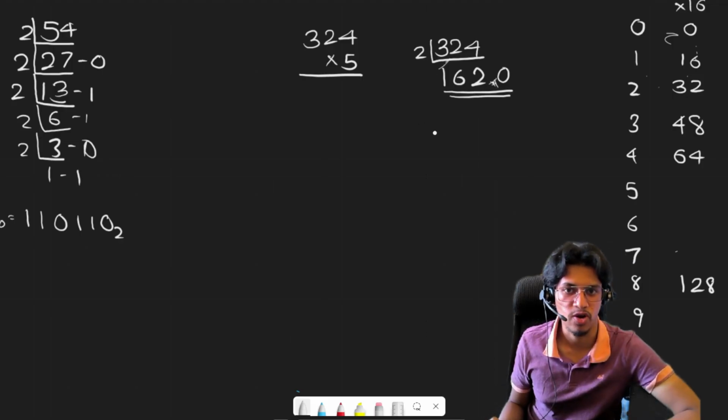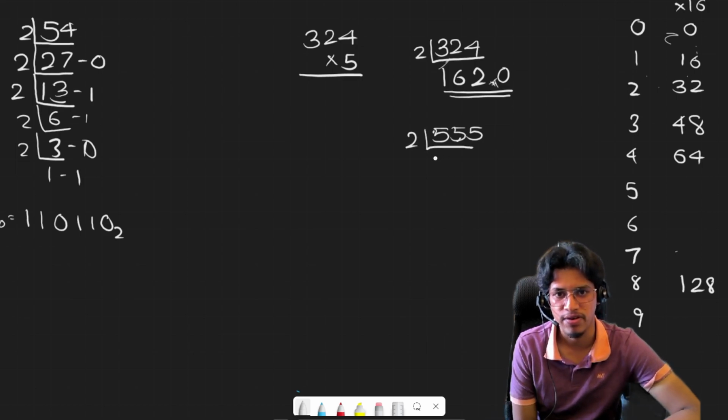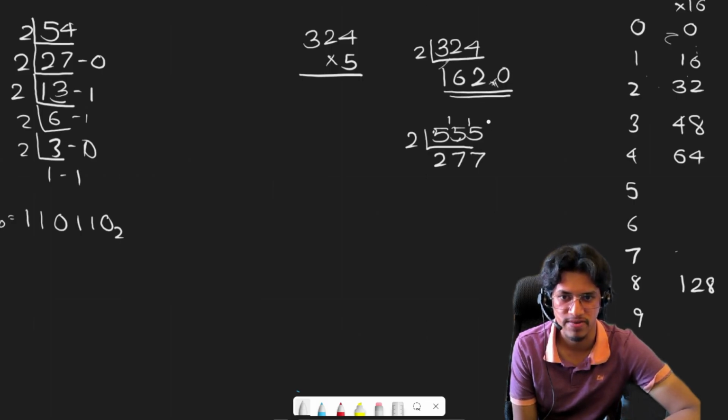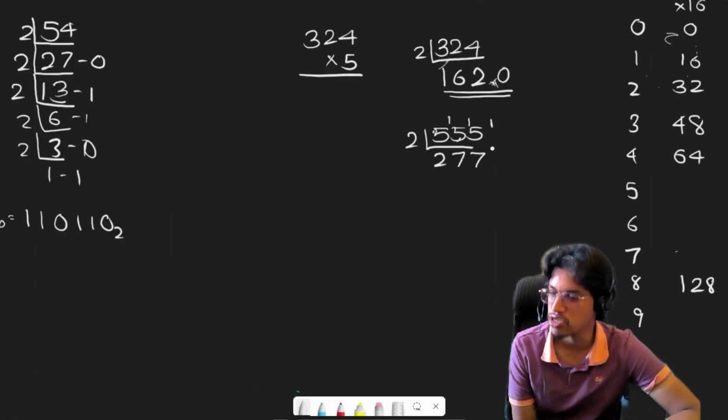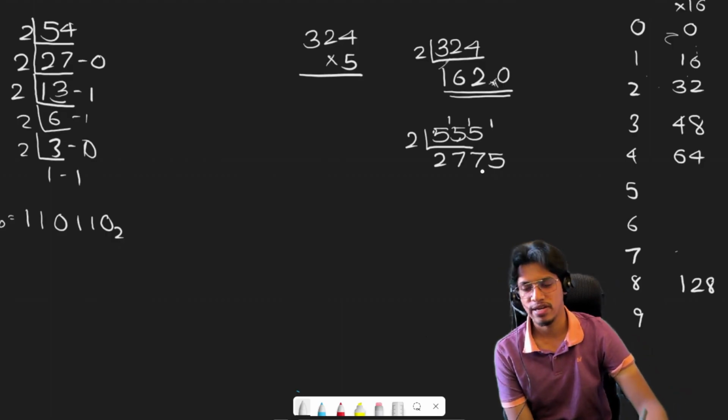If it was an odd number, for example, let's put 555. 555 divided by 2: we get 2, carry the 1, 15 divided by 2 is 7, carry the 1, 15 divided by 2, we get 7, carry the 1. That 1 also should be divided and we get 0.5. Without the decimal point, we get 2775.